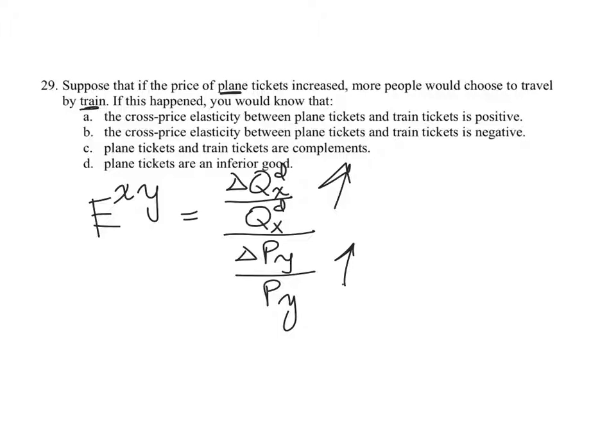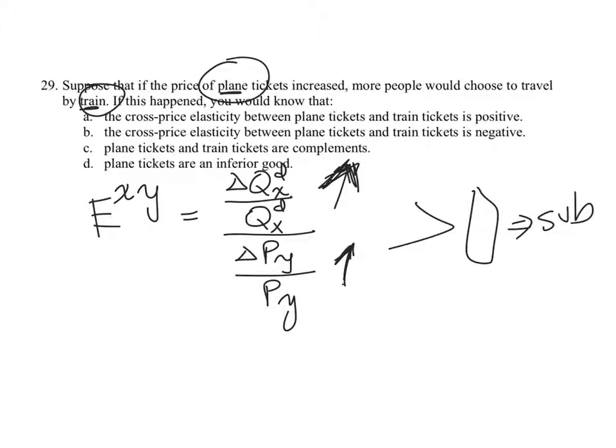We know that the cross price elasticity is positive, but planes and trains are substitutes, not complements, right? So for substitutes, when the price of the one goes up, I'm going to run over and do the other. So the quantity demanded of the other would go up. So when the cross price elasticity is greater than 0, is positive, that means they're substitutes.